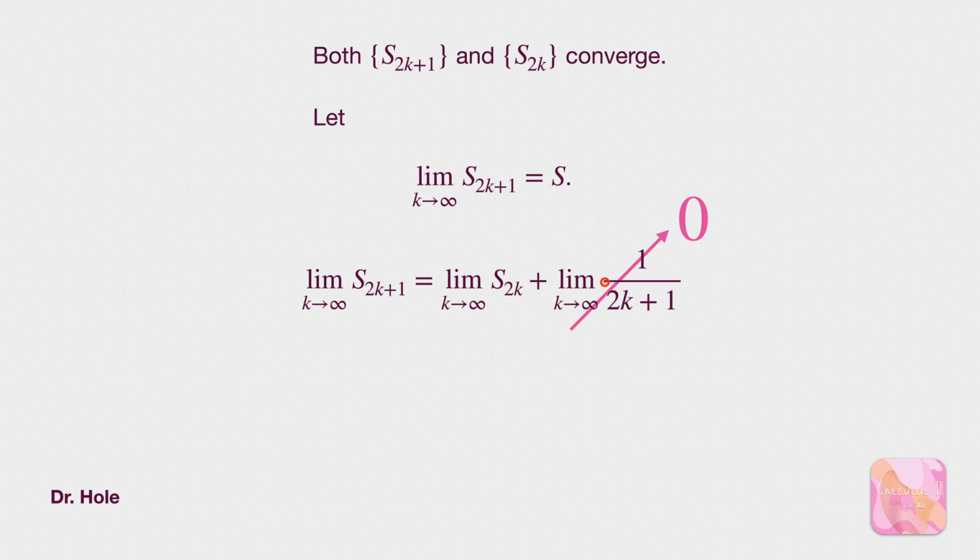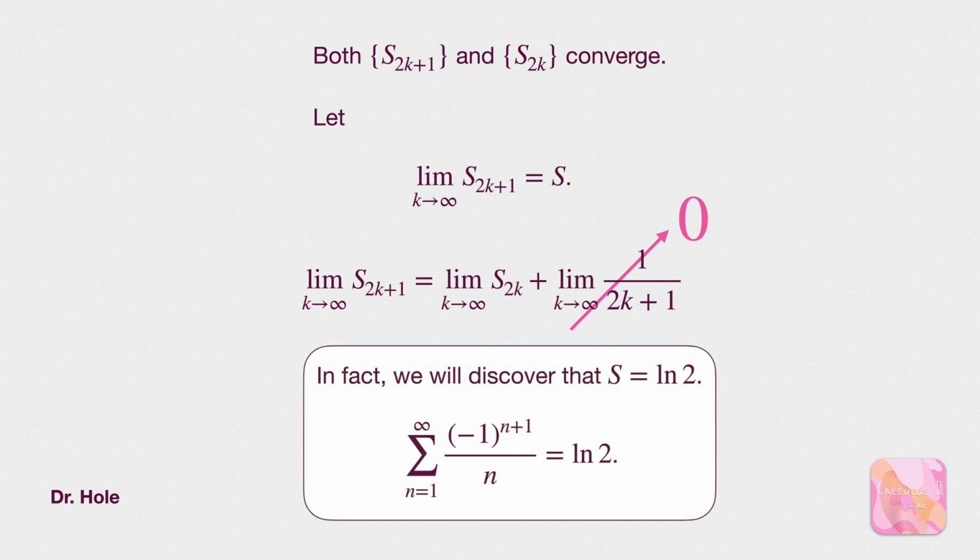And because it limits out to 0, we get that the limit of the odd indexed terms equals the limit of the even indexed terms. Nice. Well, what is all this showing? This is showing that the sequence of partial sums converges to some quantity, and therefore the alternating harmonic series converges to a quantity S.